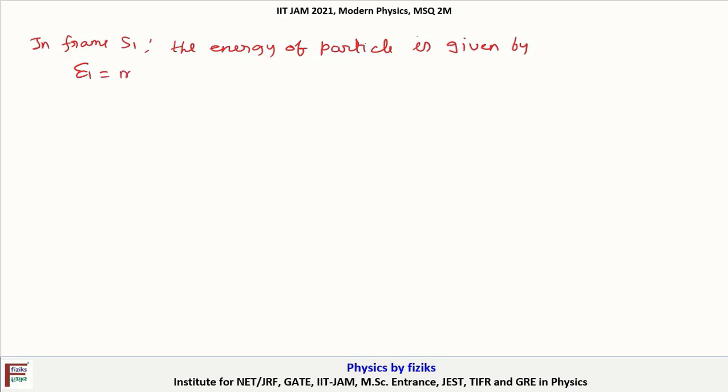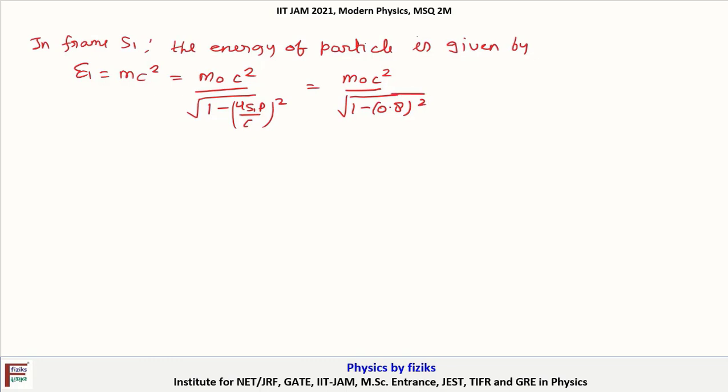E1 is equal to mc square, which is equal to m0 c square divided by the square root of 1 minus u S1P square by c square. The velocity of the particle in frame 1 is nothing but 0.8 c, that can be written as 0.8.